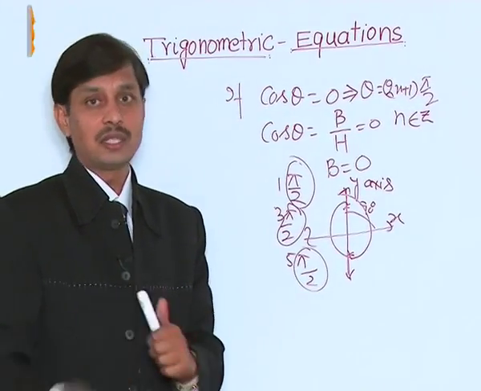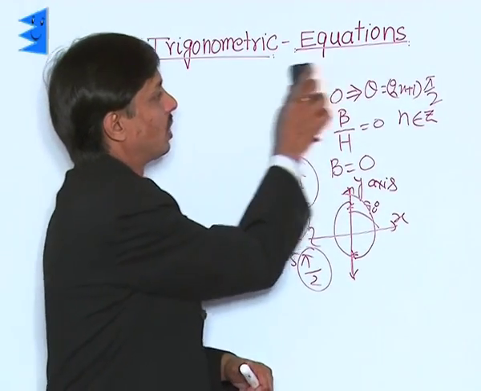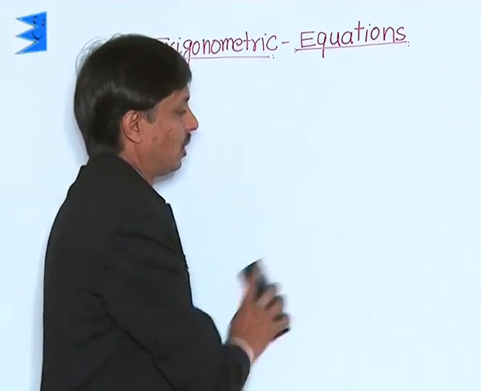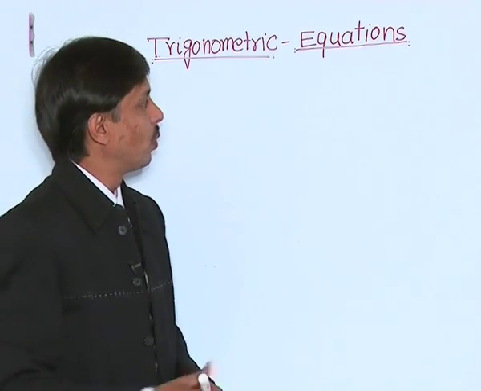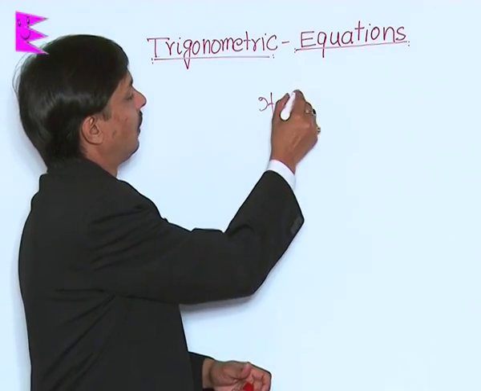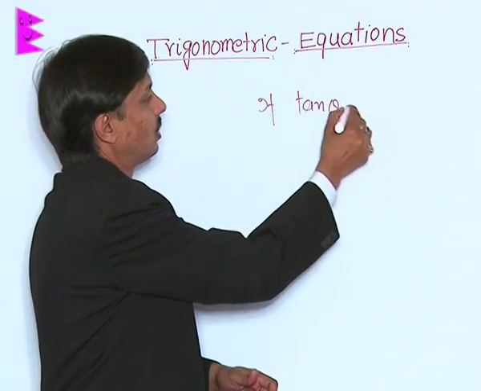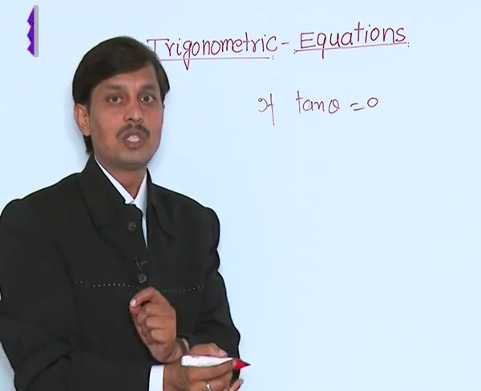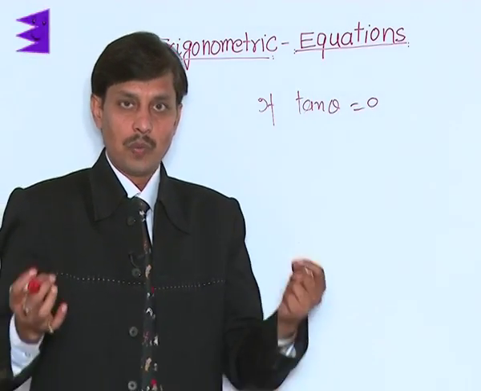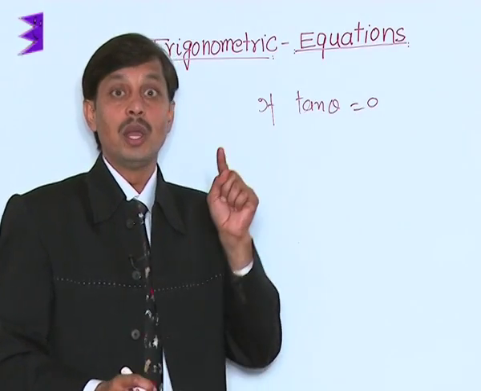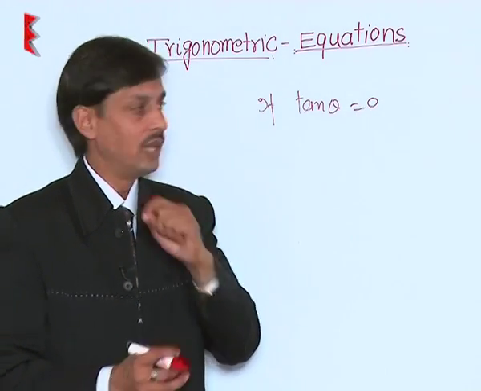Now our last discussion about the 0 angle, that is if tan theta is 0. It is not a big question, because if tan theta is 0, it is only possible if sin theta is 0. So the formula for tan theta is 0 is the same as for sin theta is 0.